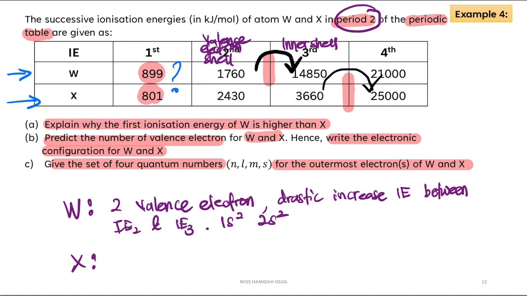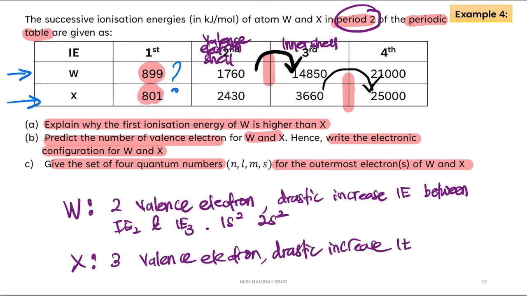Therefore, for atom X, the number of valence electrons is 3, and the drastic increase is happening between the third and the fourth ionization energy because atom X is located in period 2. Then the electronic configuration for atom X is 1s2 2s2 2p1.